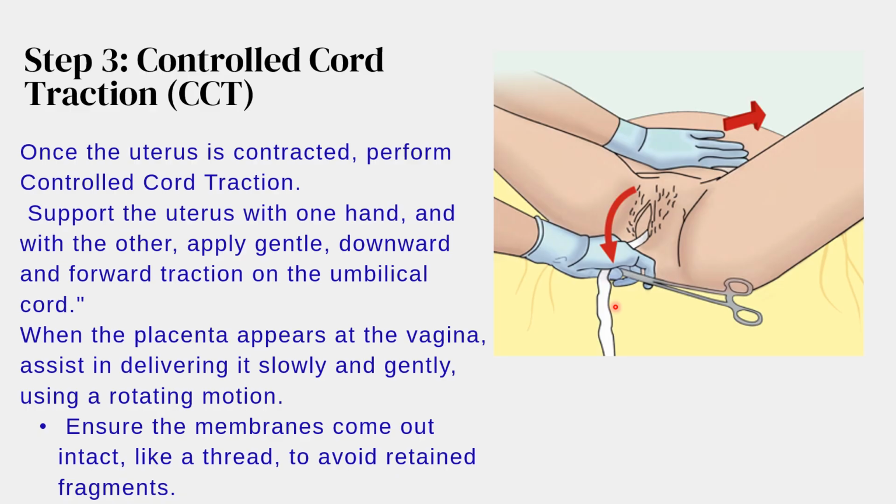It should be very gentle so that you avoid any retained placental fragments. Placental fragments should not be retained in the uterus. That is why you need to slowly and gently remove the placenta.